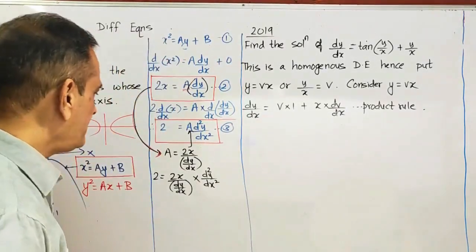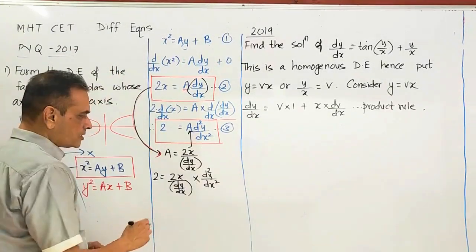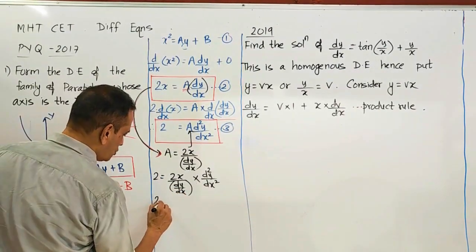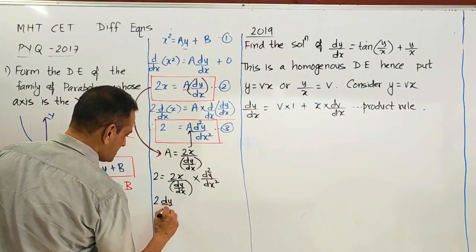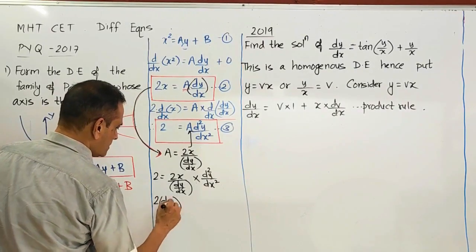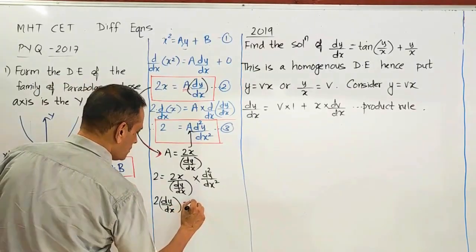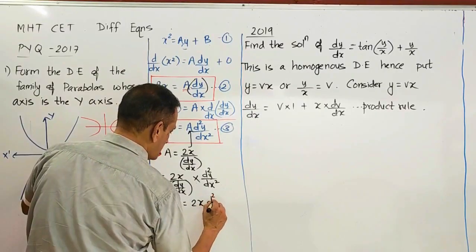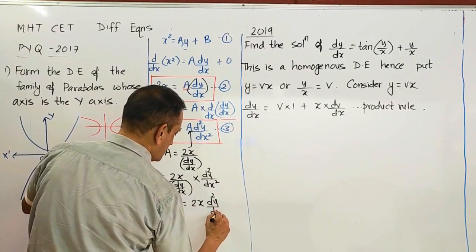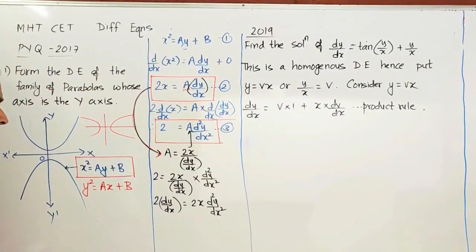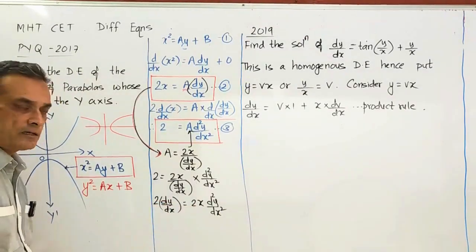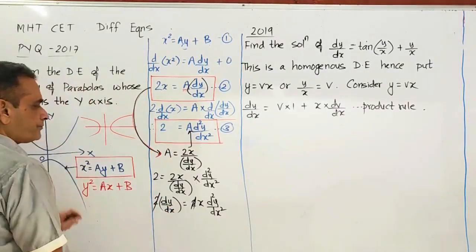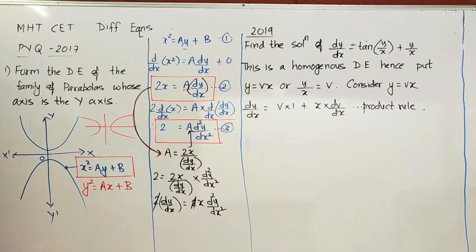We will write it neatly, but for now, cross multiply. Take this in the numerator: 2 dy by dx is equal to 2x into d squared y by dx squared. You have a multiplication sign. If you take 2 in the denominator, it gets cancelled. So this is our answer.